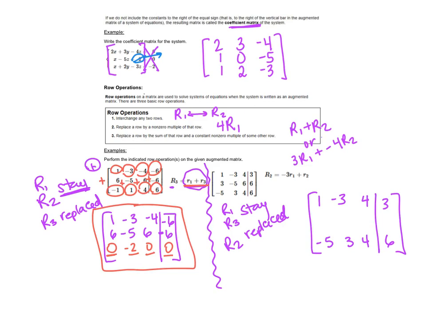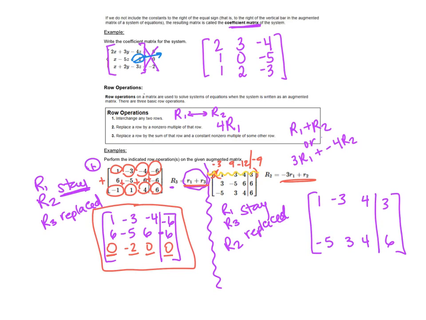Now I'm going to replace row 2 by multiplying row 1 by a -3 and adding it to row 2. So I'm going to multiply by a -3 here. That's going to give me -3, +9, -12, and -9. I'm going to scratch this out because I'm not going to use it anymore.